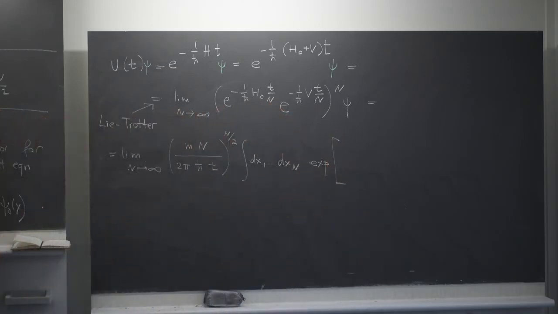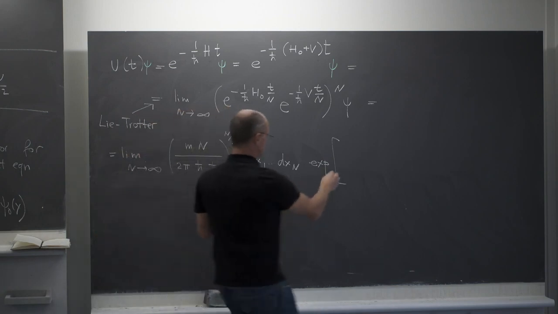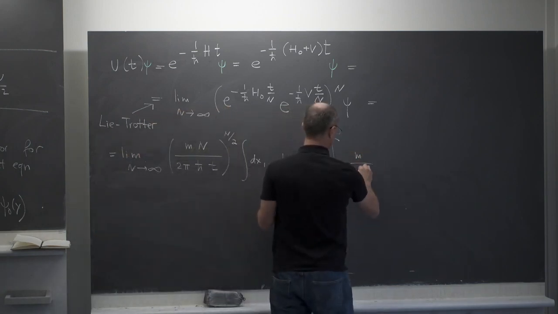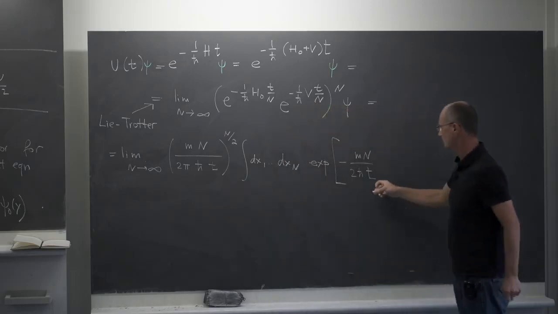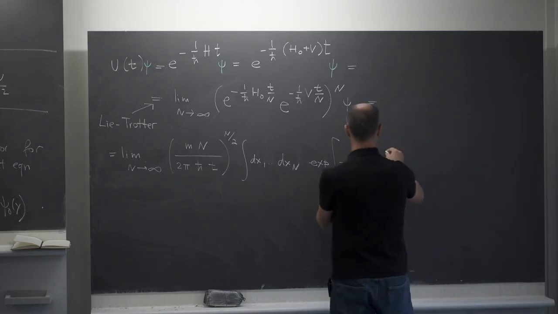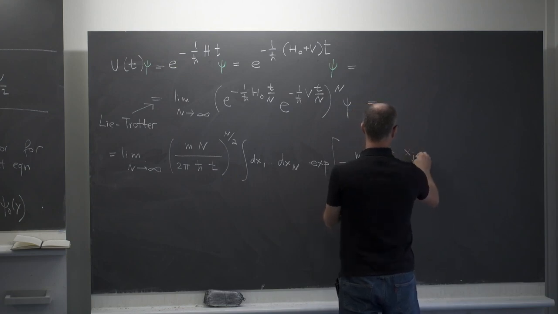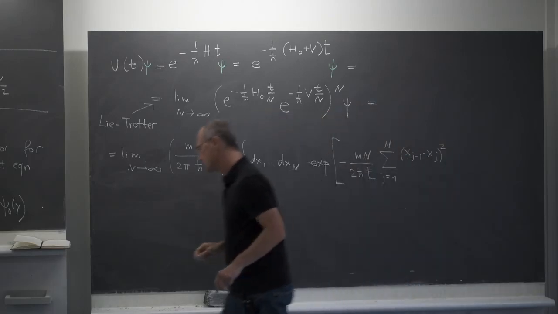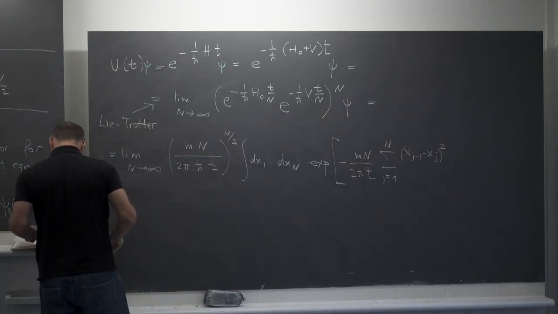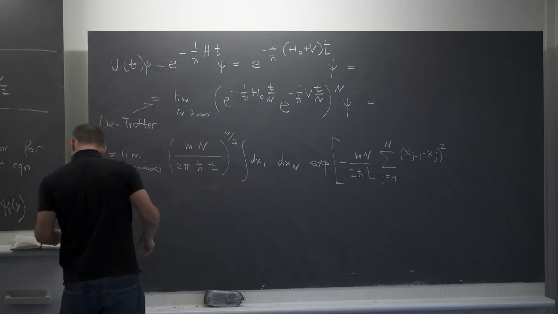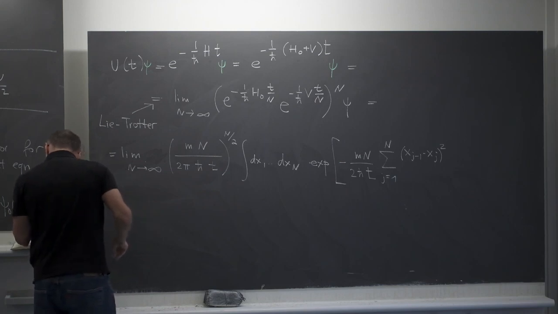So in the exponential, I think I should copy this, divided by t over n, and here the sum j from 1 to n, x_{j-1} minus x_j squared. Is that all I should write?